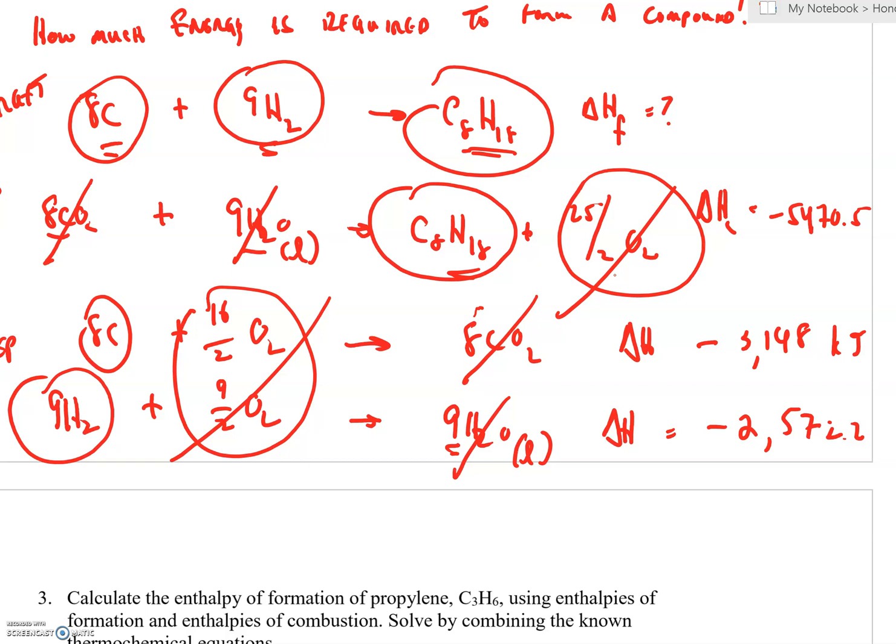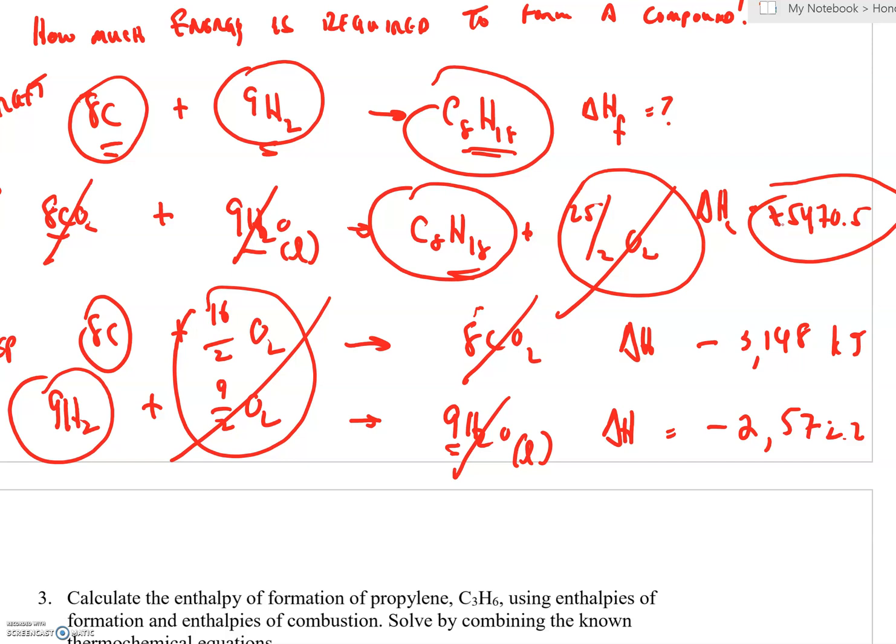So all we have to do is add these up, and this is going to be the heat of formation of C8H18, negative 5,470. But is this value negative anymore? It was negative when we were writing it as the combustion, but we ran this backwards. So let's make this a positive number.